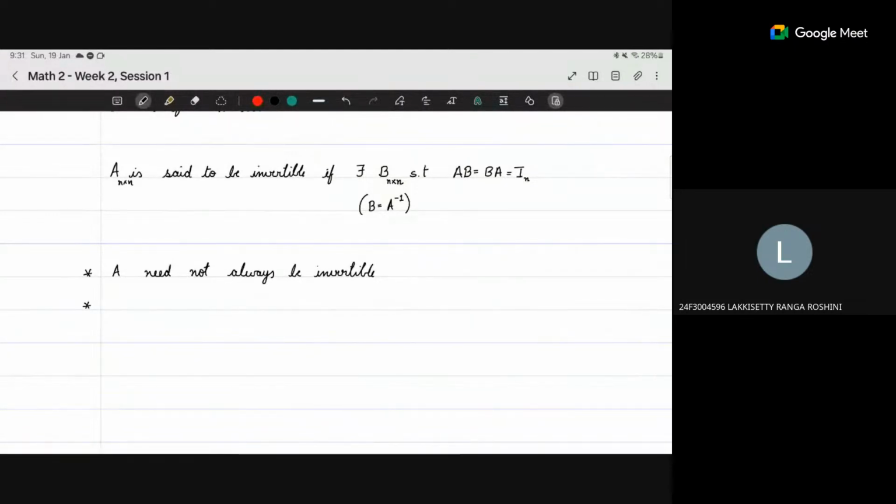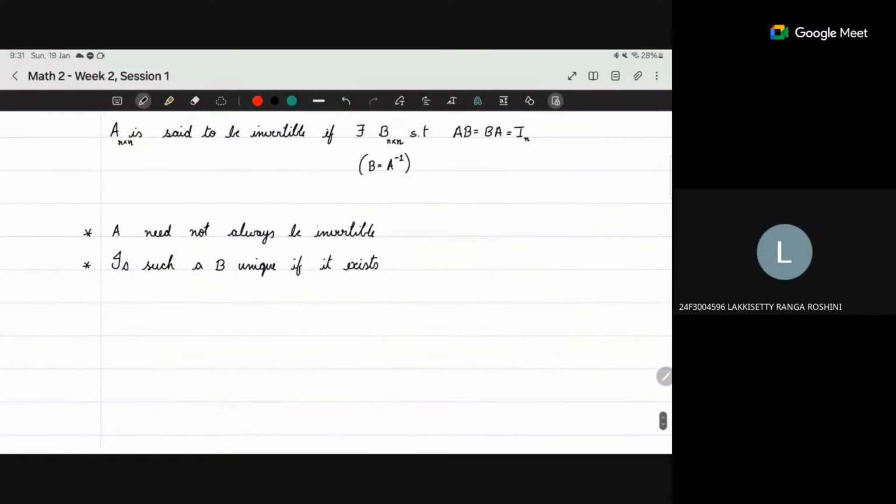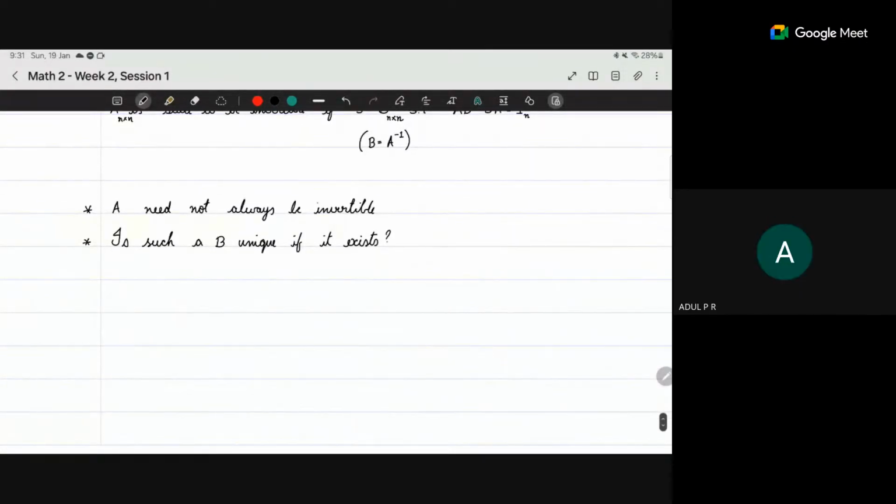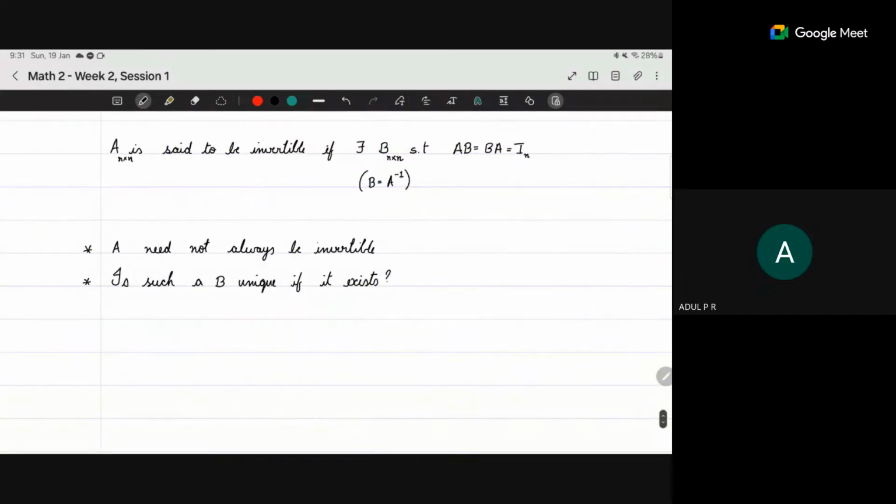But suppose you know that such a B exists. Is such a B unique, if it exists? Yes, it would be unique. Can you tell me why?